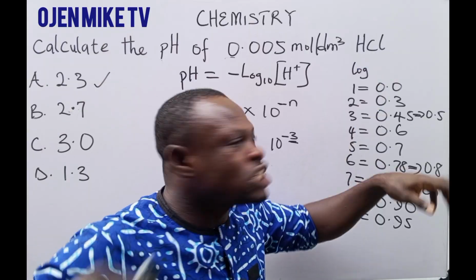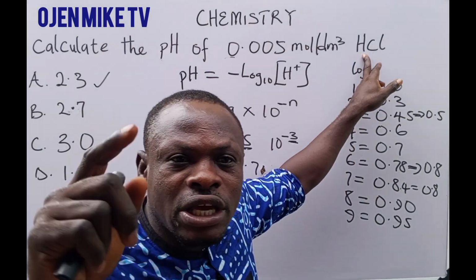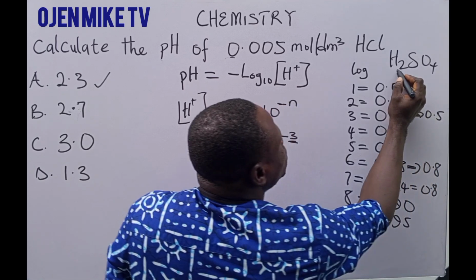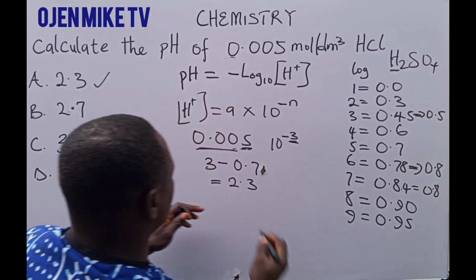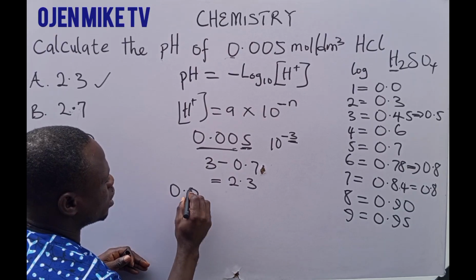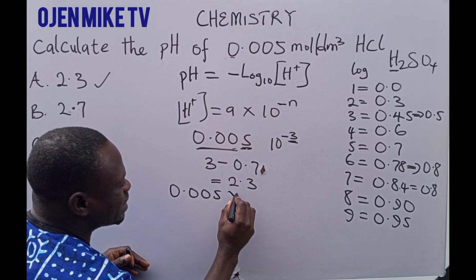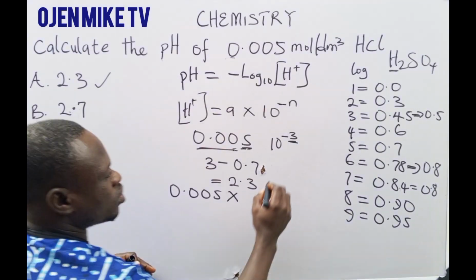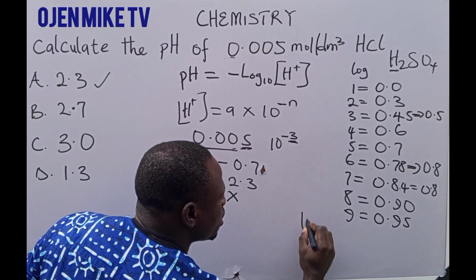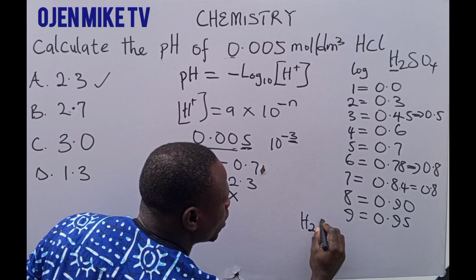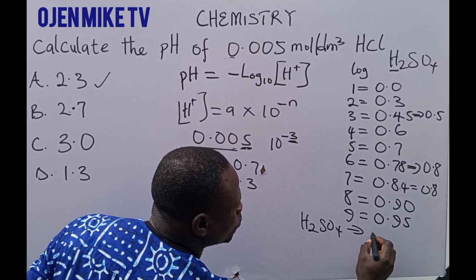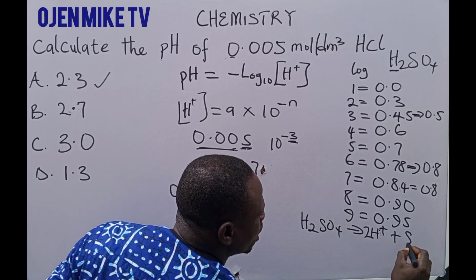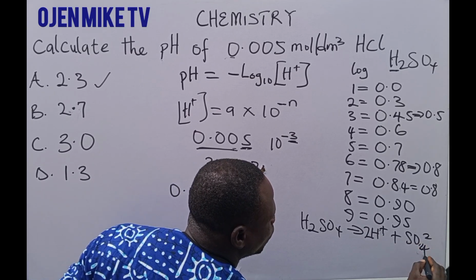It is 1. If it were to be H2SO4, I will simply multiply this one by 2. So I will say 0.005 times 2, because this acid will undergo ionization. H2SO4 will give 2H plus plus SO4 2 minus.